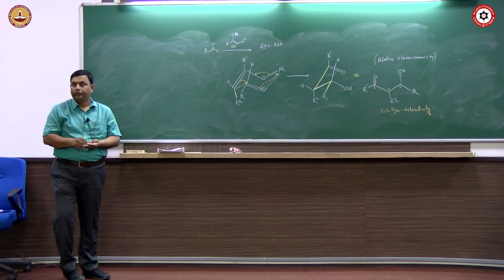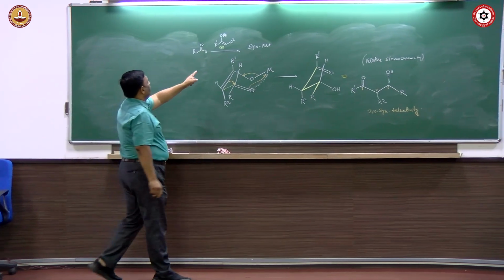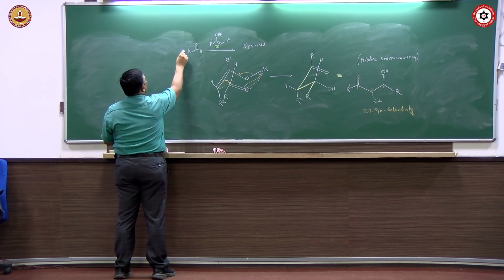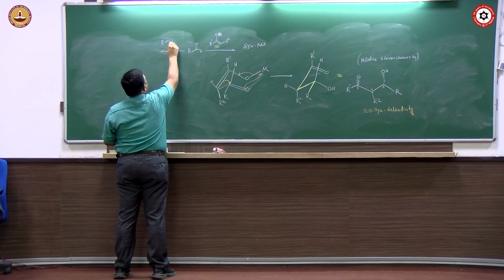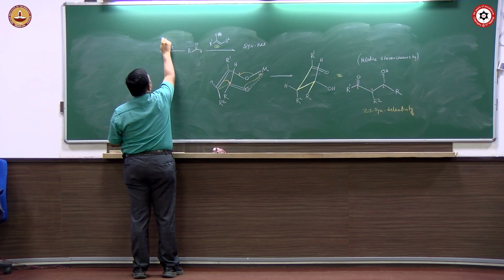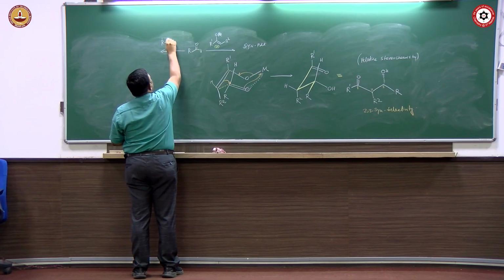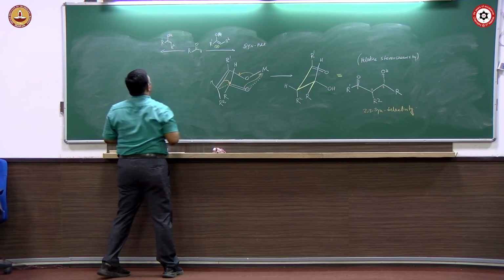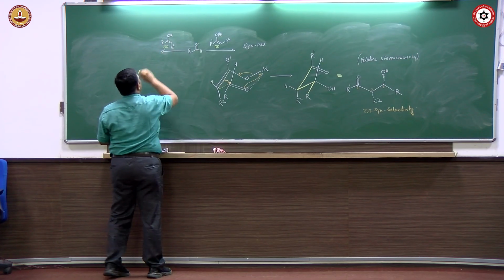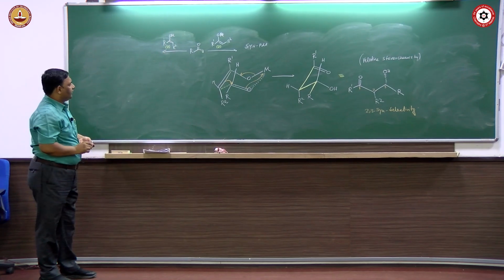Okay, so now we want to use the other one. This means we will see what is going to happen if I use that as the E enolate instead of the Z enolate.